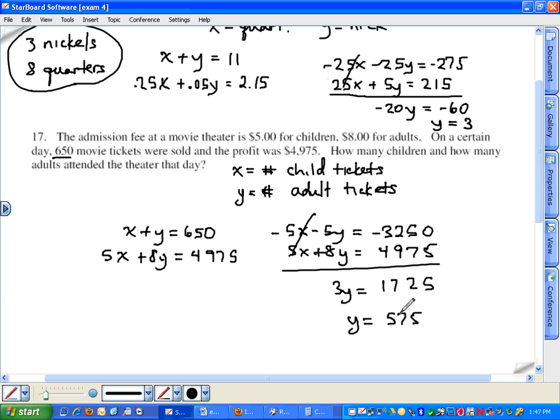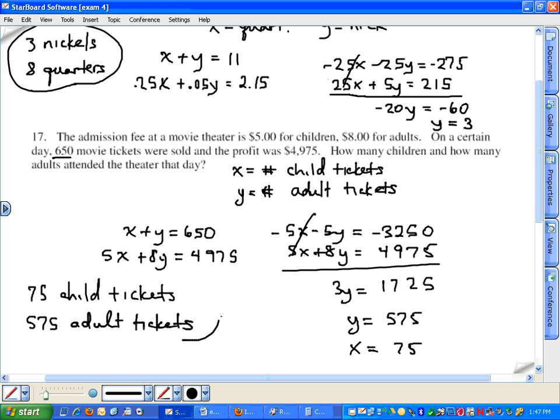So there were 575 adult tickets. There were 650 tickets total. That leaves 75 children tickets. So 75 child tickets and 575 adult tickets.